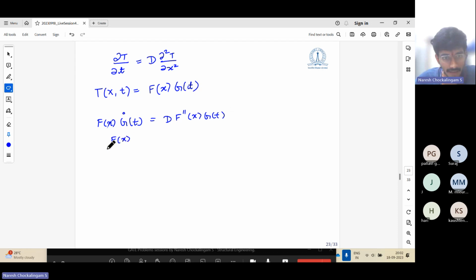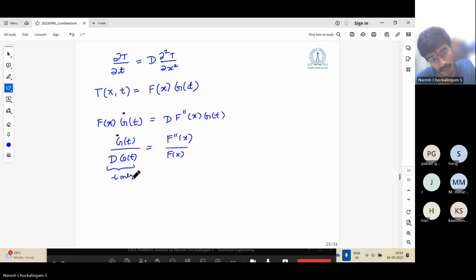We get g dot of t by d g of t is equal to f double dash of x by f of x. So this is a function of t only. This is a function of x only. Both of them are equal to some constant, say beta. No, not beta. Let us call it k. Some constant k.